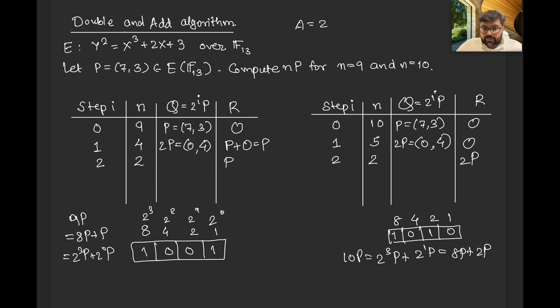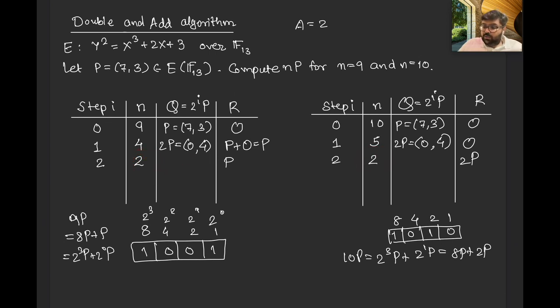Is it fine? So see here, P is always coming, because in 9P we need P, and then when 8P will come, then we'll add this 2, but in 10P we don't have P, so we are having 0, and then 2P, so 2P has come because the remainder is 1 here, and then 8P will come.